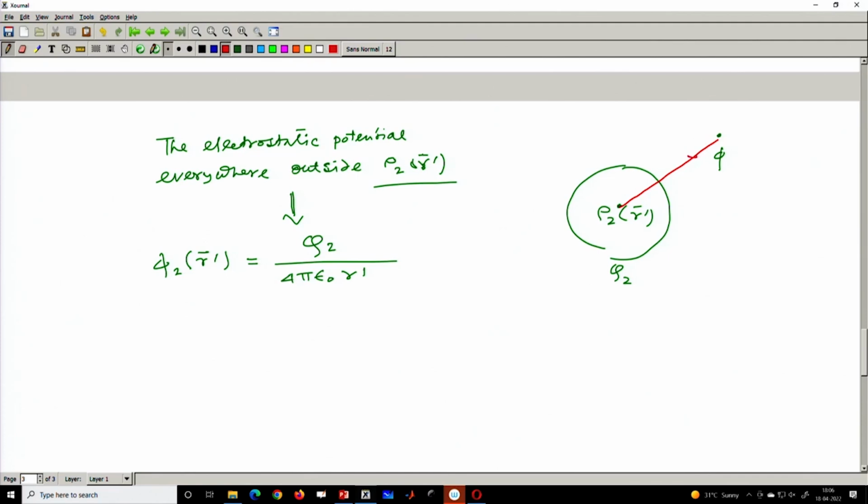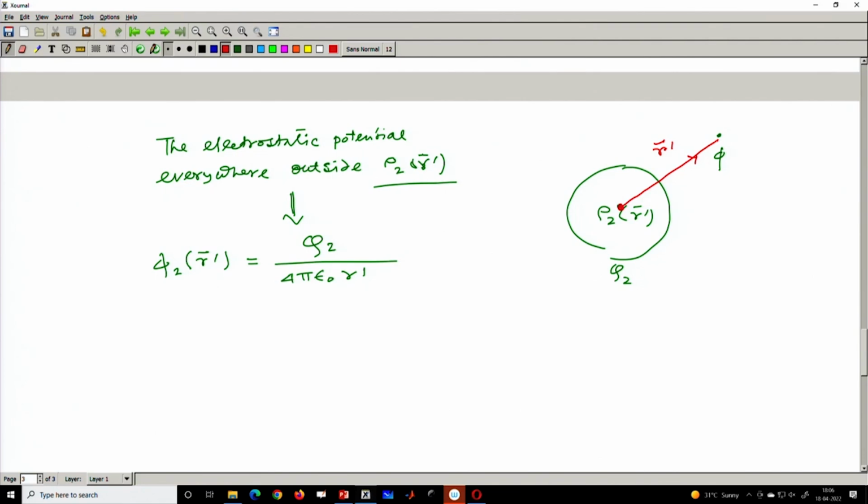We know from Gauss's law that if I have a charge distribution and want to find the field outside it, then the field or the potential can be found by taking all the charge of that distribution at the origin point and simply calculating from that.